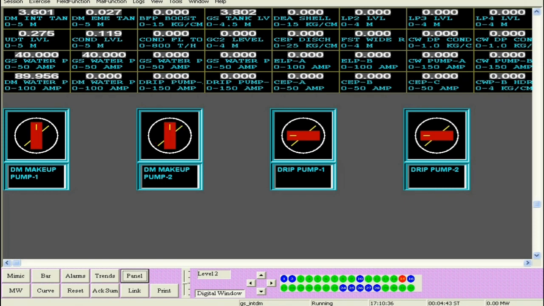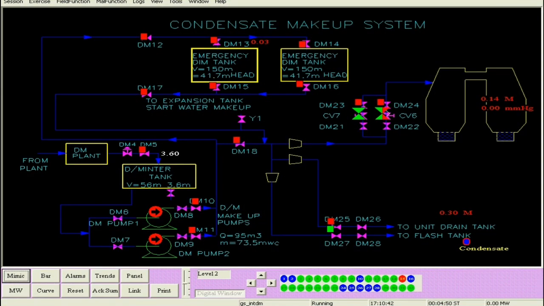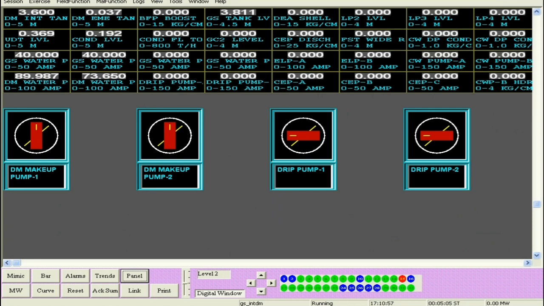Now we start the second DM pump also, and as you see, it has started delivering water, and now the levels will increase faster, in the DM intermediate and DM emergency tanks as well as the unit drain tank.